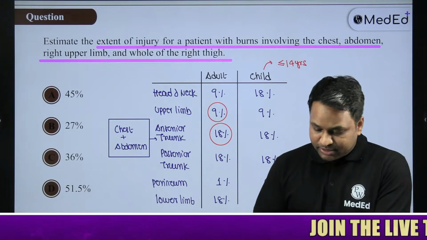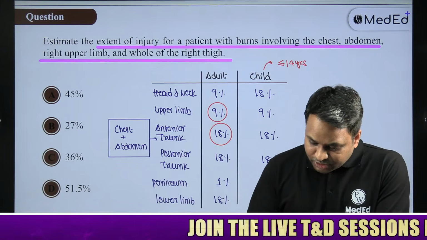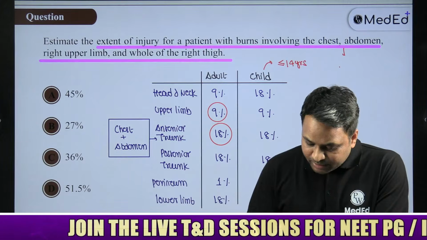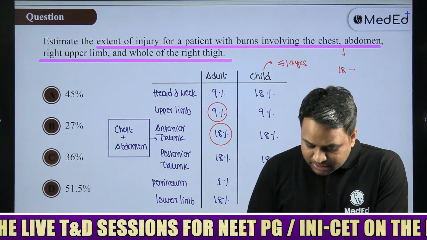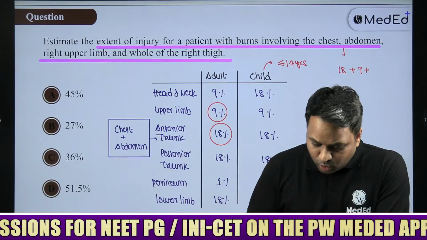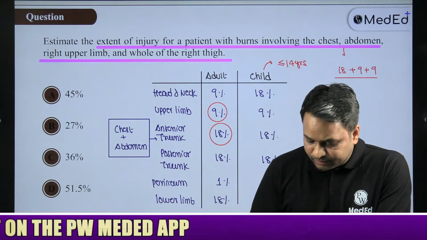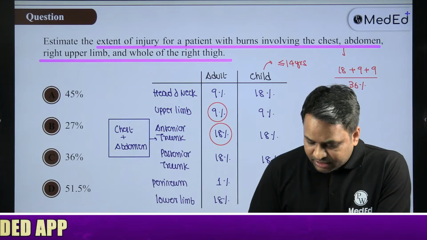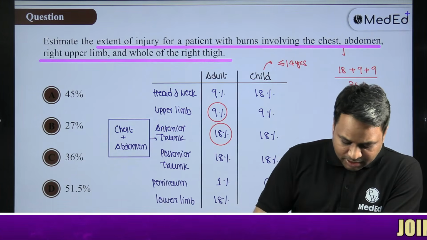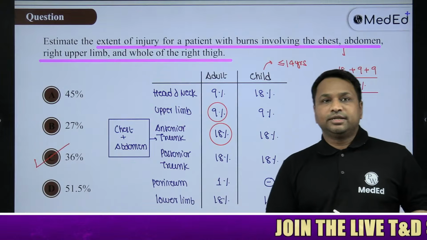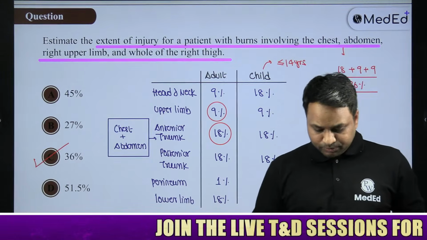It is going to be another 9%. So you have chest and abdomen together is 18%. 18 plus 9% is upper limb. The whole of thigh is again half of the lower limb. It is 9, total is 36%. So this is your answer, C for Calcutta. It is 36%. Okay, chalo.